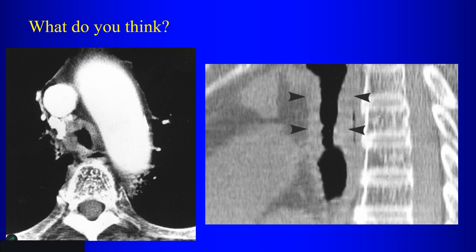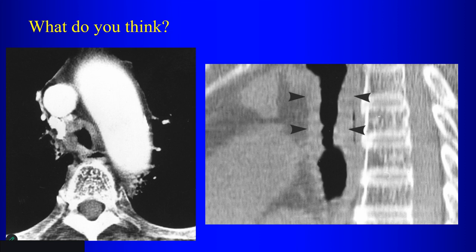Do you think this is GPA or something else? GPA is more smooth. With the inflammatory diseases, you would want something smoother. This is kind of irregular, right? So when it's irregular like that, you do need to consider neoplasm, okay?